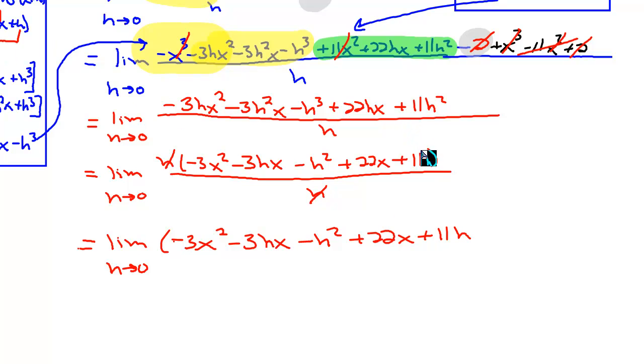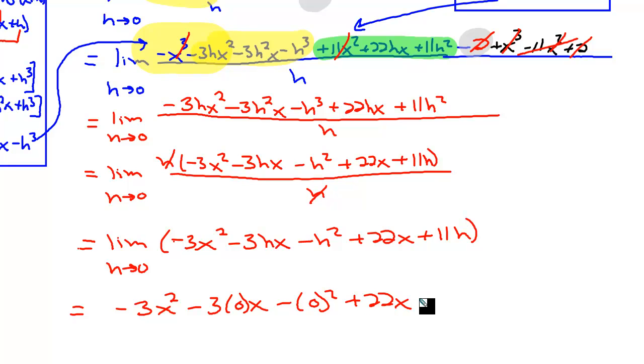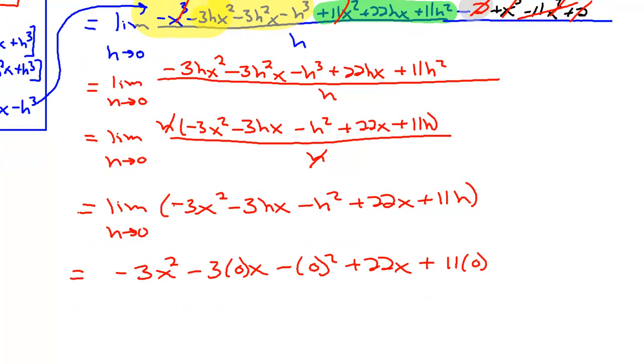I do not like this h up here. It looks like something not an h. Equals. We can now evaluate the limit because we are no longer dividing by 0. Negative 3x squared minus 3 times 0 times x minus 0 squared plus 22x plus 11 times 0.